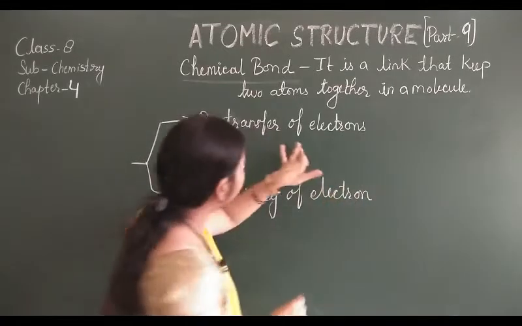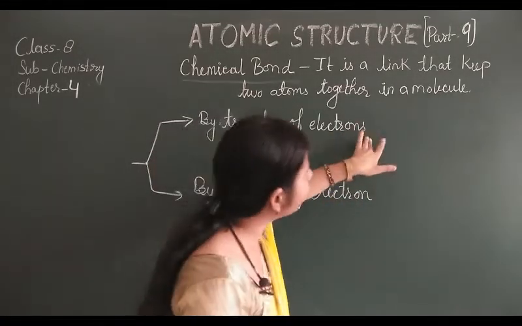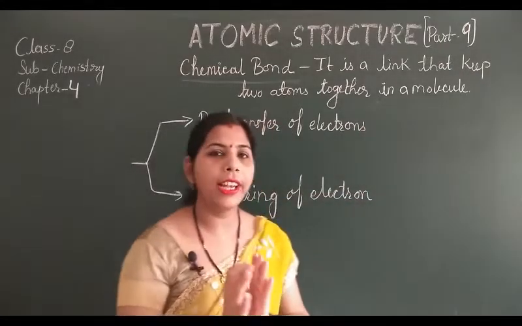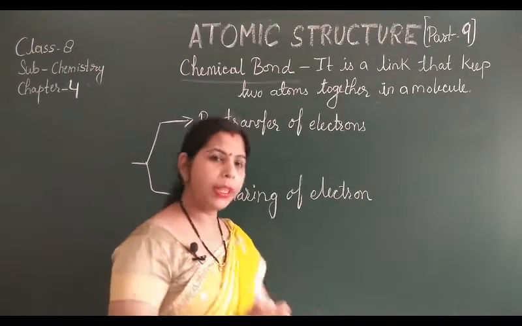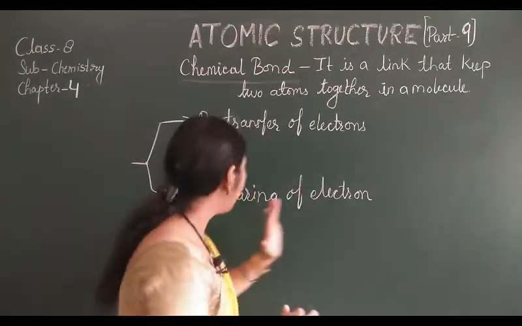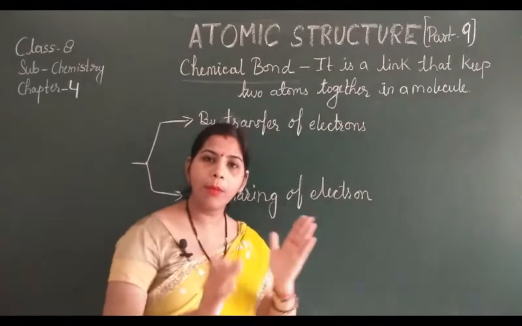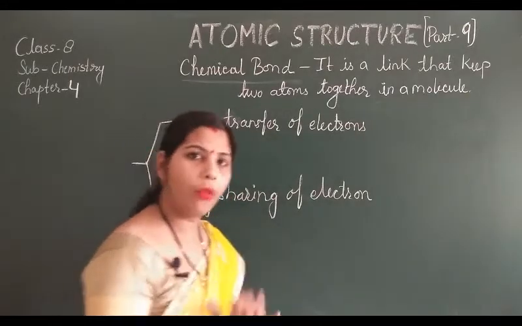When transfer of electrons takes place, it forms the electrovalent bond. That means the bond formed by the transfer of electrons is known as the electrovalent bond, and the bond formed by sharing of electrons is known as the covalent bond.